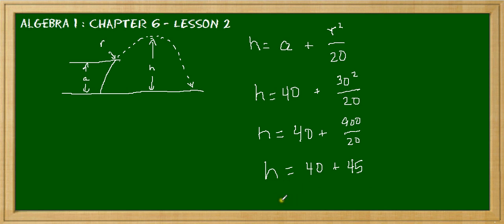Okay, and now the height is equal to 40 plus 45. Oh, I'm sorry, we already did that part. It's equal to 85. 40 plus 45 is 85, and it usually is.